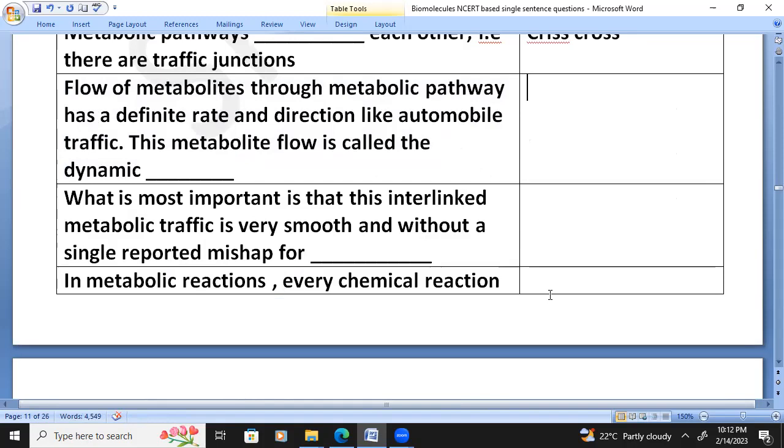This metabolite flow is called the dynamic state of body constituents. What is most important is that this interlinked metabolic traffic is very smooth and without a single reported mishap in healthy conditions.